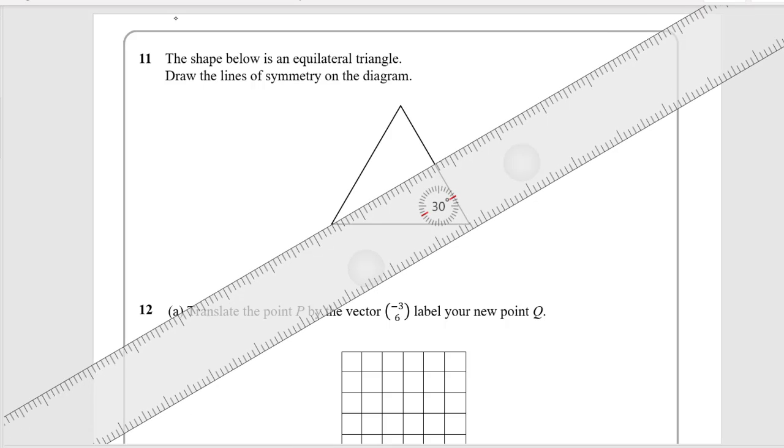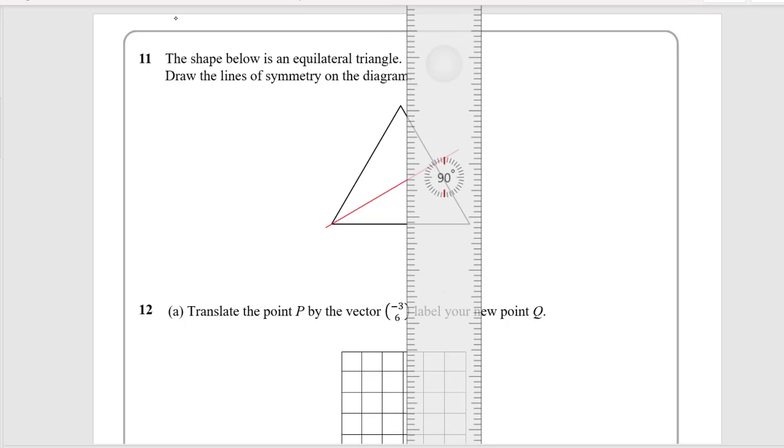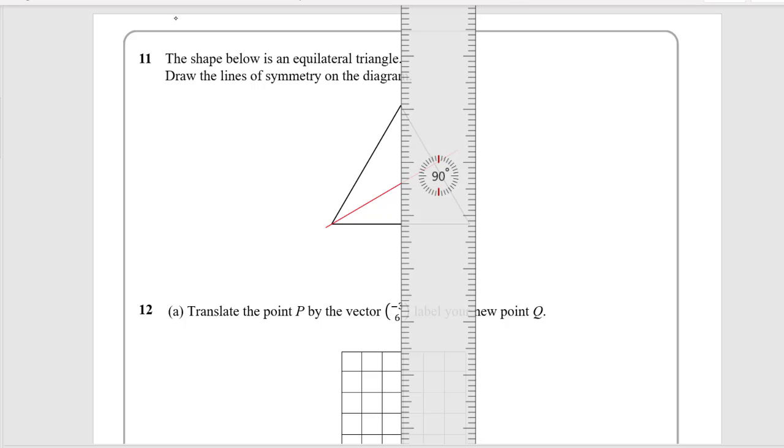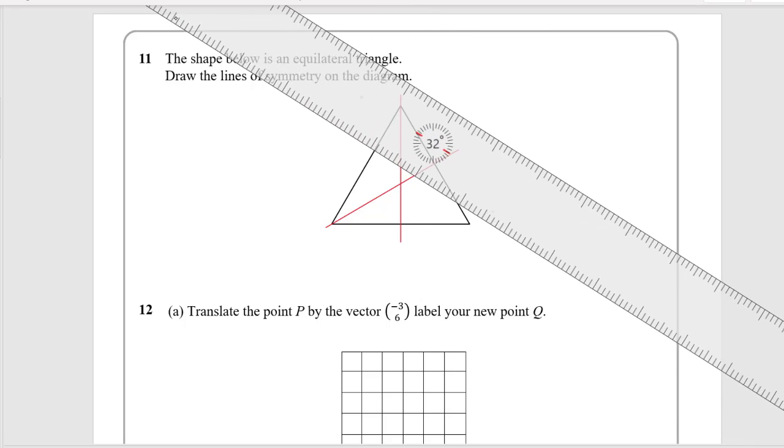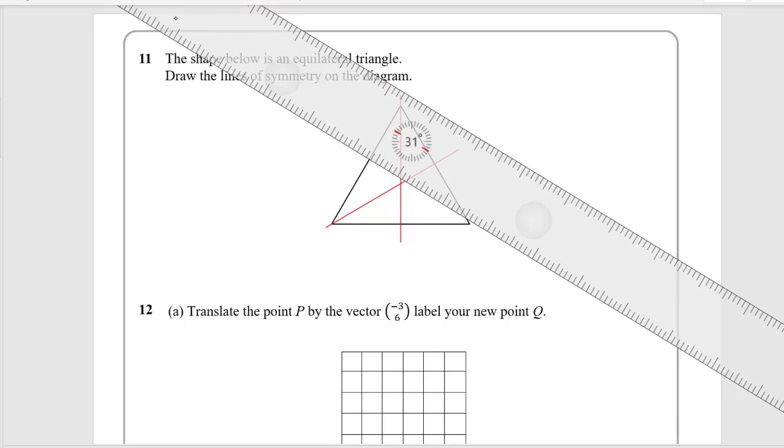Now I've got angles on this ruler, so it's very easy to know because in an equilateral triangle, each angle is 60 degrees. Okay, this one is easy because it's just a 90 vertical one, and that's very nicely done. And I'll just get that to 30 degrees.